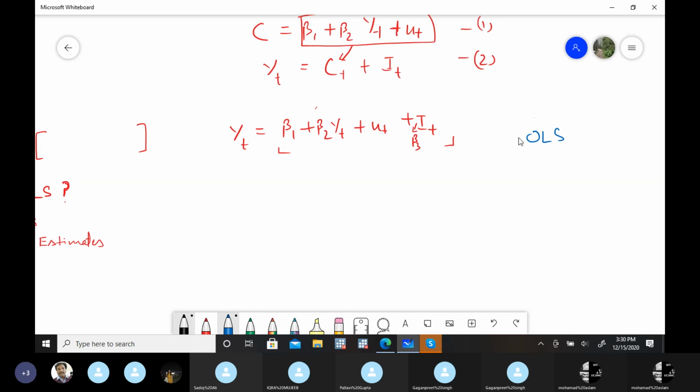For that, we first have to understand how it impacts the results. Generally in simultaneous cases, there are two outcomes: first, results are biased, and second, inconsistent.